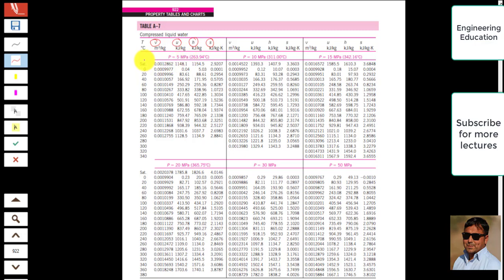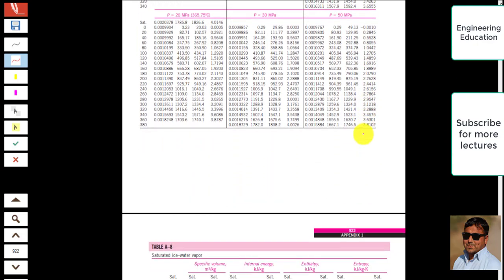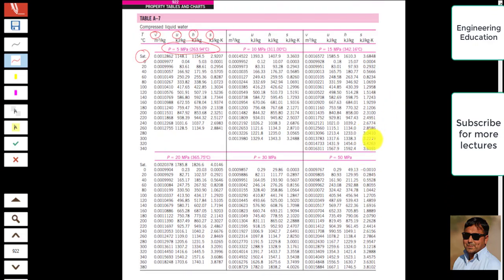So again we have temperature in degree centigrade and pressure in megapascal. In this table, for pressure 50 megapascal, the respective values are mentioned for each property, and temperature up to 380 degrees centigrade has been mentioned.